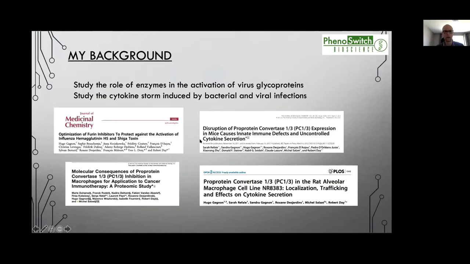And during my PhD, I had the chance to study the role of enzymes in the activation of the virus glycoproteins, and also study the cytokine storm induced by bacterial and viral infections. That led to a couple of publications.